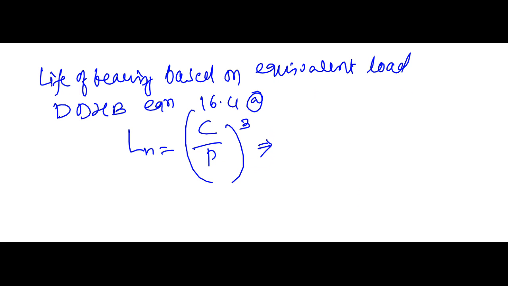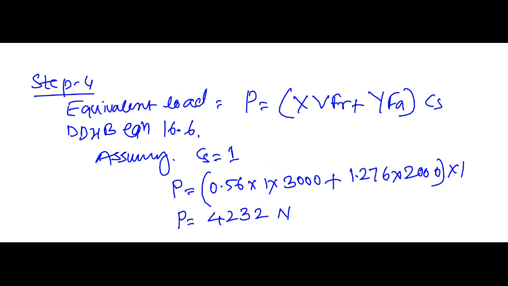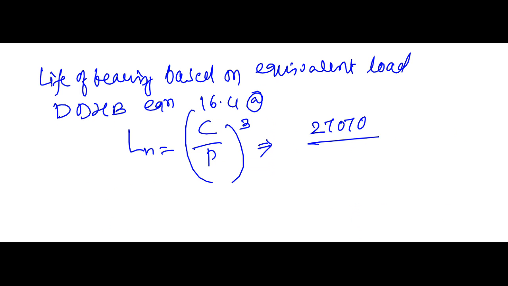C equal to how much? 27070 divided by P, how much did you get? 4232. Not to the power of 3 here. Now we calculate Ln. How much?